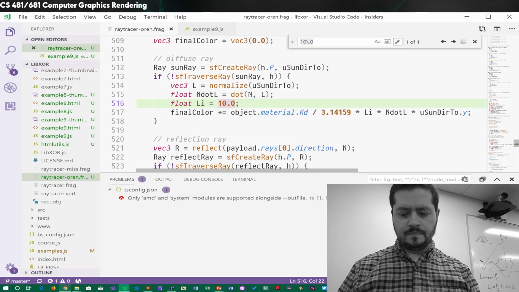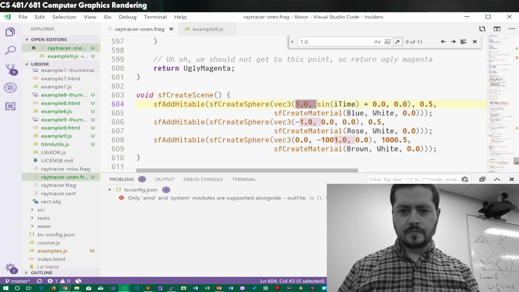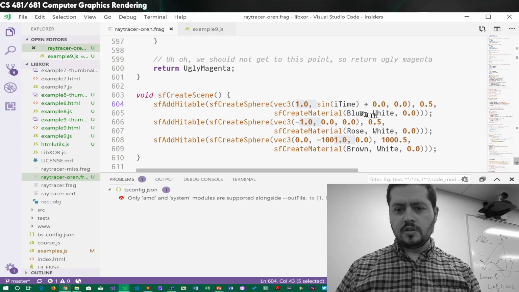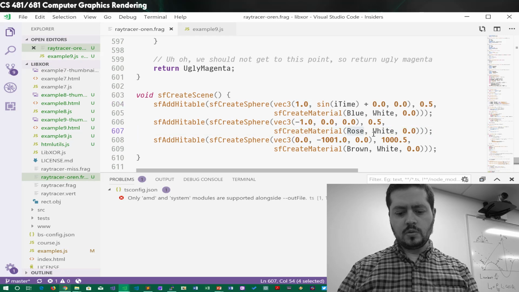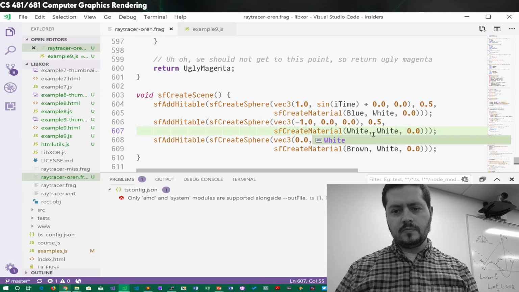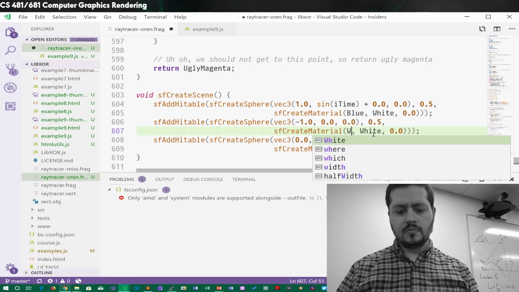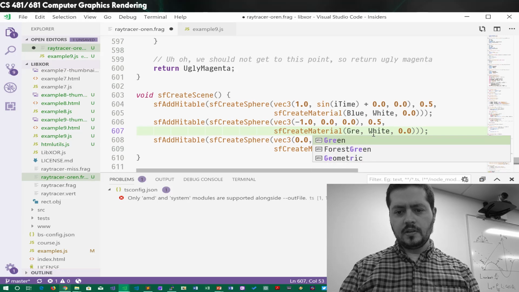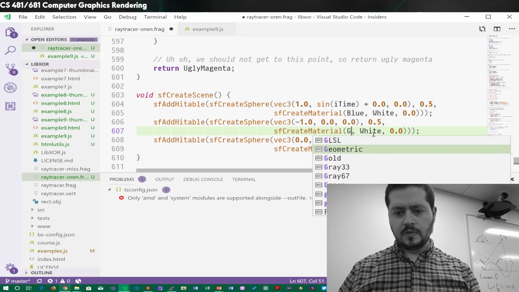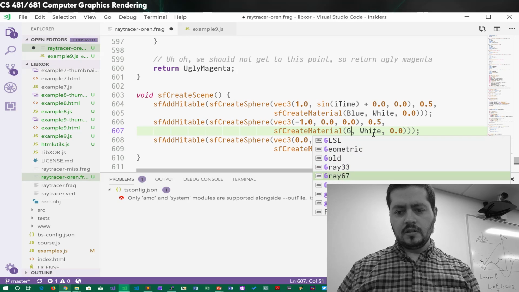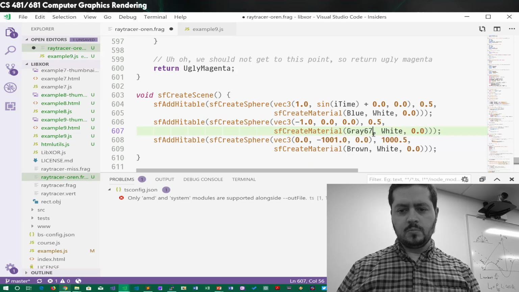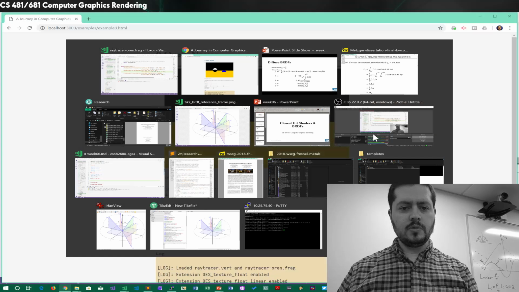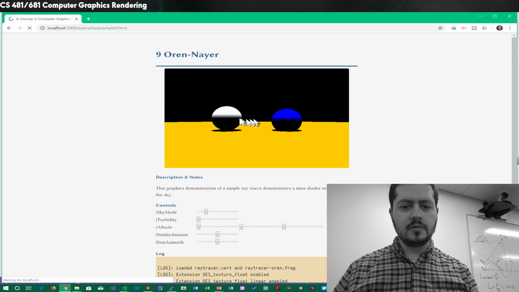Let me turn this one white. Actually, we'll turn it to gray 67. We'll pretend like we're actually trying to simulate the moon.